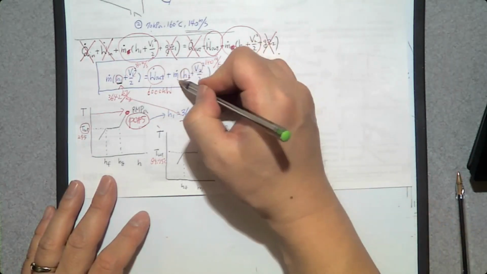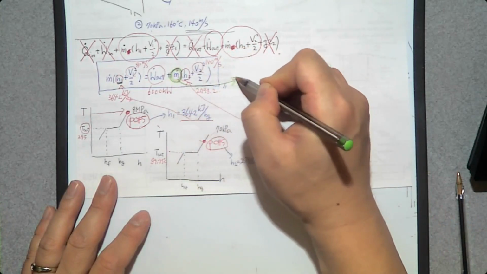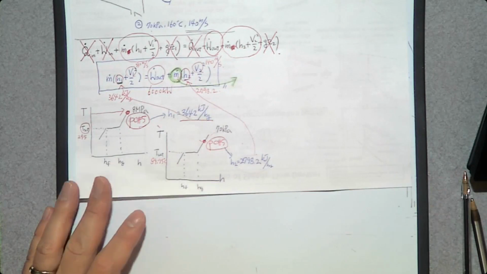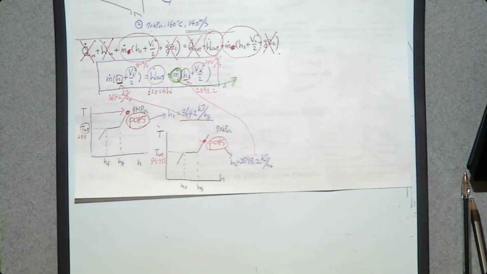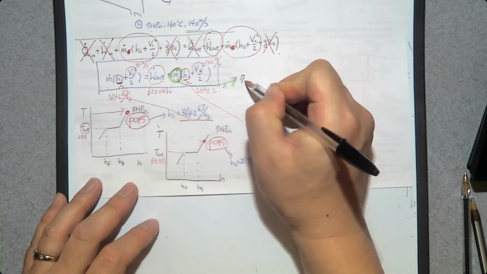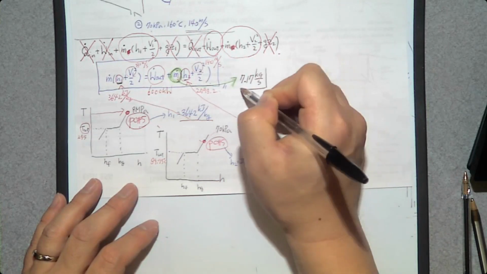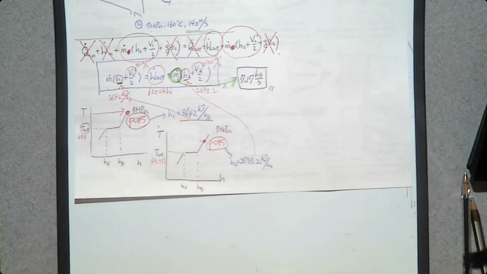Can you determine m dot? Now, yes. So what is the mass flow rate? Oh, I don't have it. 7.17 kilogram per second. That is the mass flow rate.